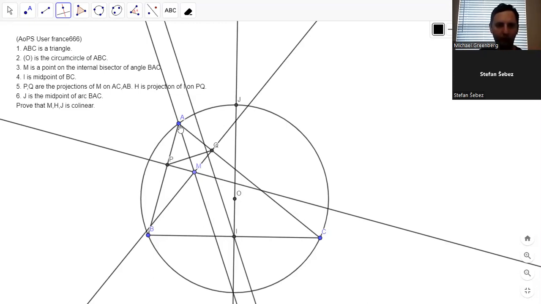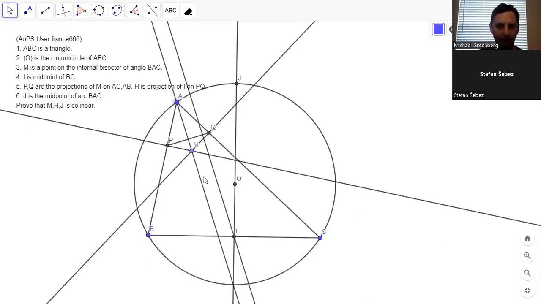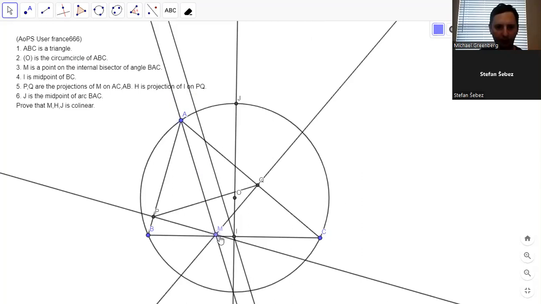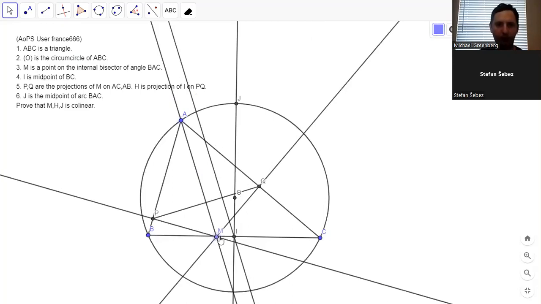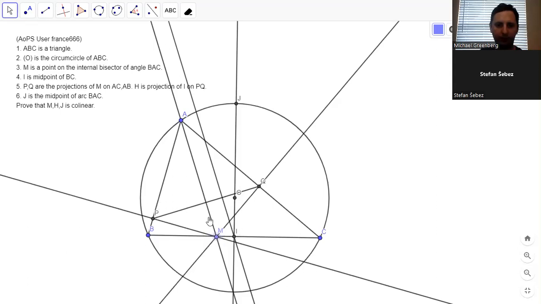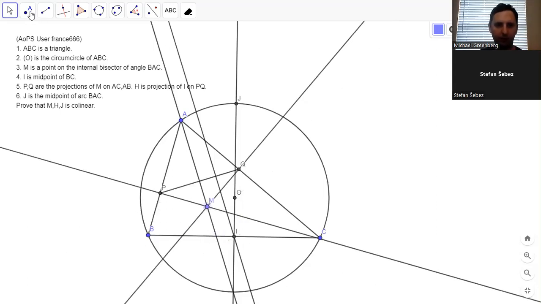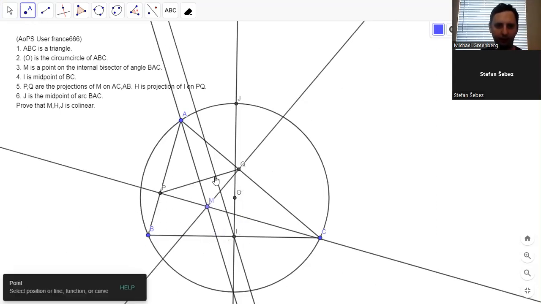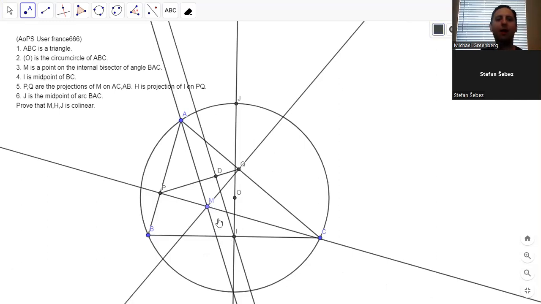I wonder if, I don't know, if in the first problem on my channel M was like the foot of the angle bisector or something. M was the in-center in that problem. Ah, M was the in-center. Okay.